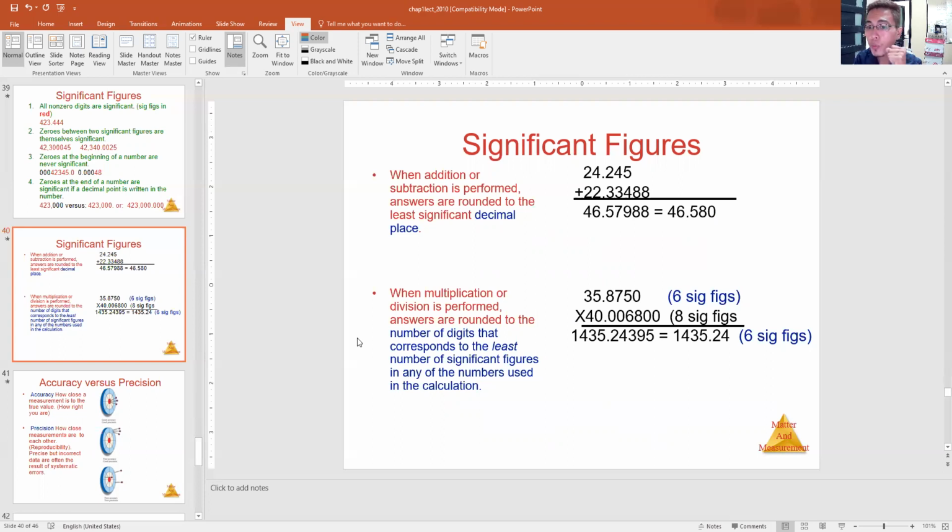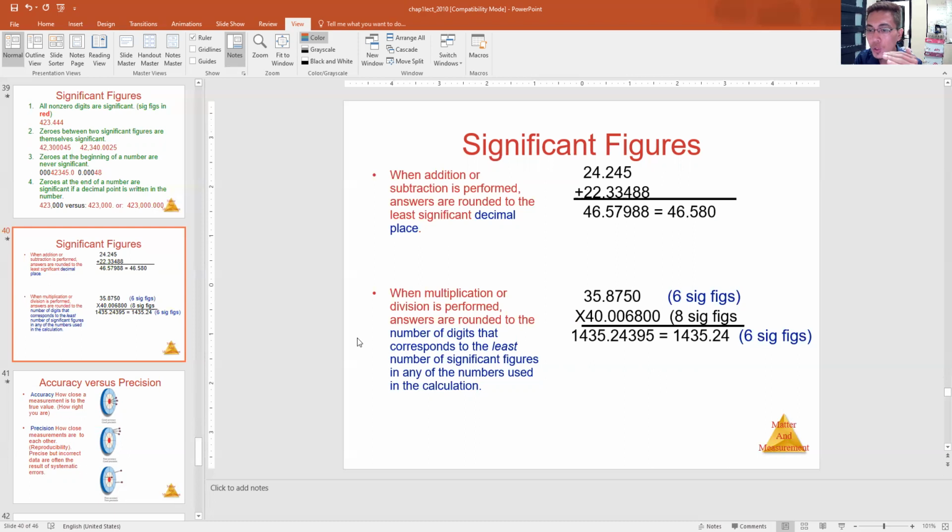So you have 46.580. In multiplication or division, answers are rounded to the number of digits that corresponds to the least number of significant figures in any of the numbers used in the calculation. Now you have 35.8750 times 40.006800. The answer for that is 1435.24395.